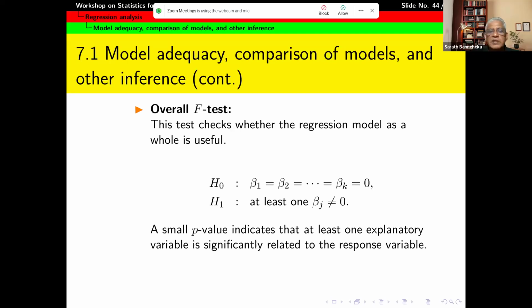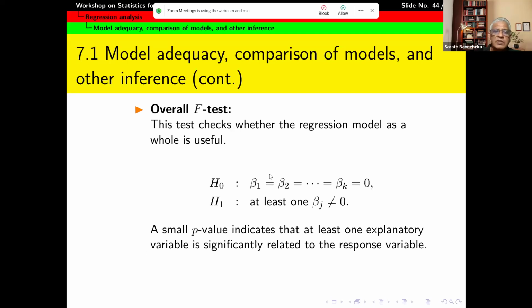So practically this means we are checking whether at least one x variable that we have considered is important in modeling y, or otherwise, whether all the x variables that we have considered are not important, right?